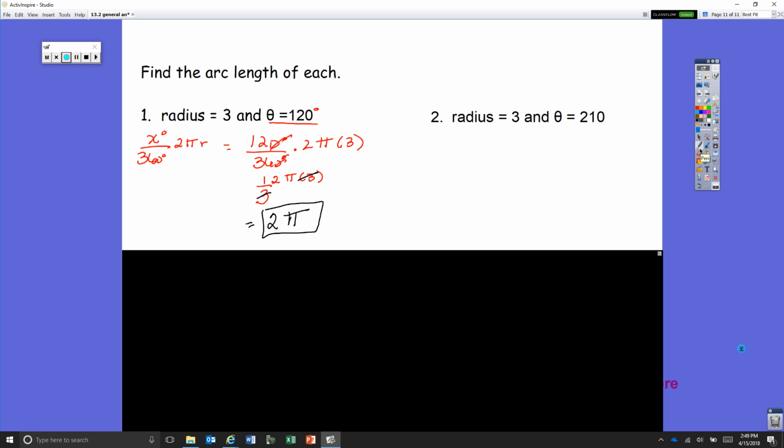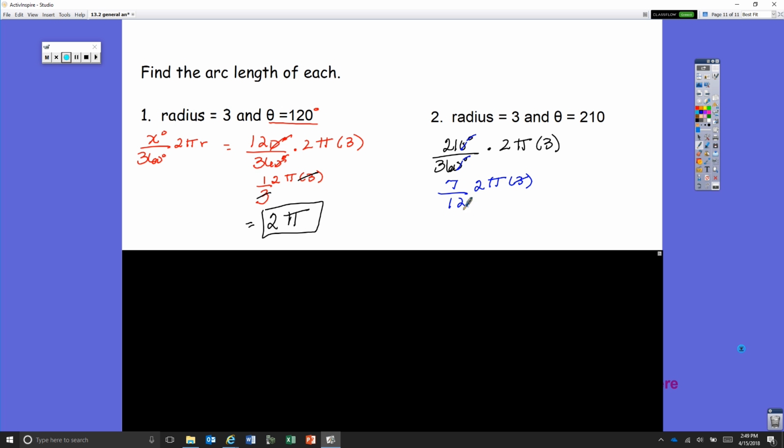Let's see what the arc length of 210 degrees and a radius of 3 would be. So again, 210 degrees out of 360 degrees times 2 pi radius 3. Again, your zeros reduce. 3 goes into both, so I have 7 over 12 times 2 pi times 3.